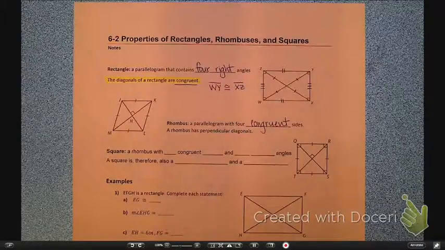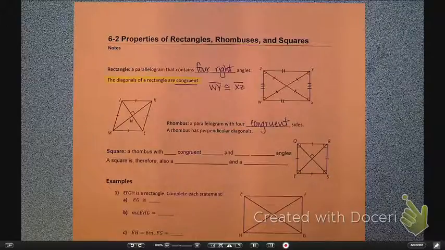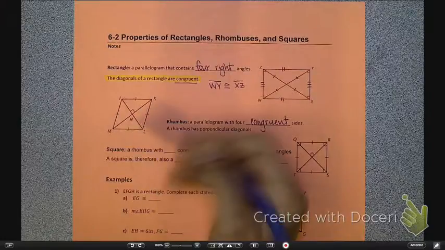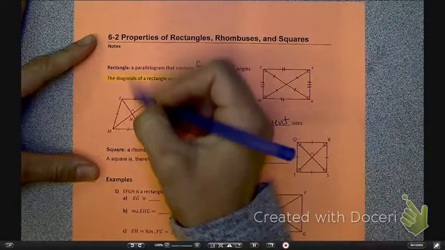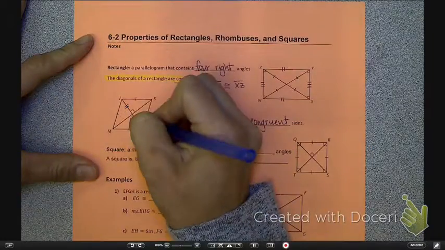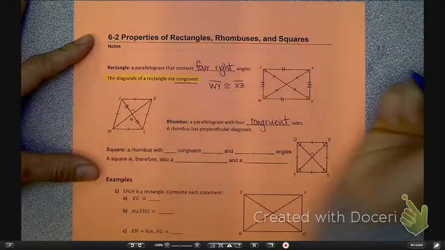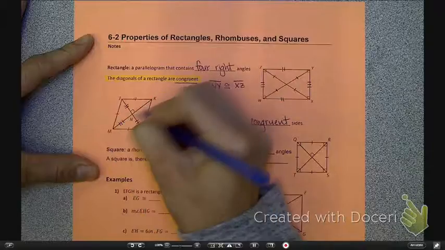A rhombus is still a parallelogram, so it still has all of those properties of a parallelogram. The only difference is all of the sides are the same size. So we still have that the diagonals bisect each other, so these parts are going to be congruent.